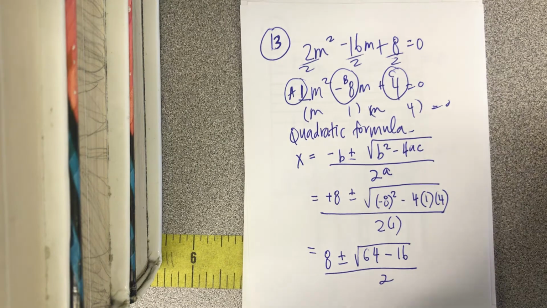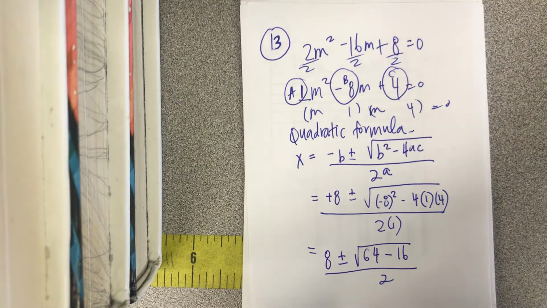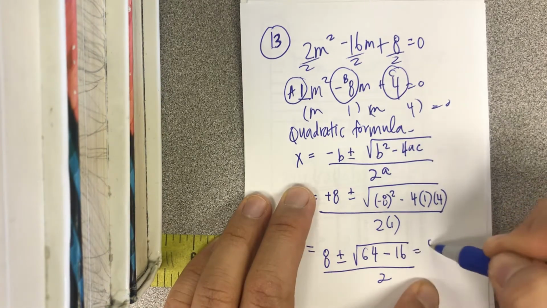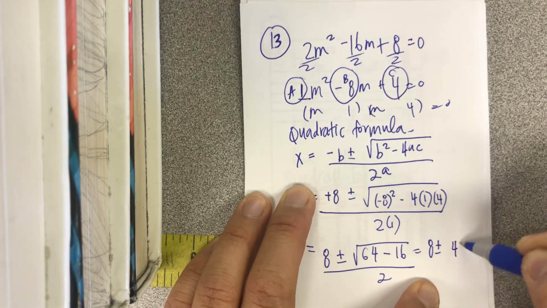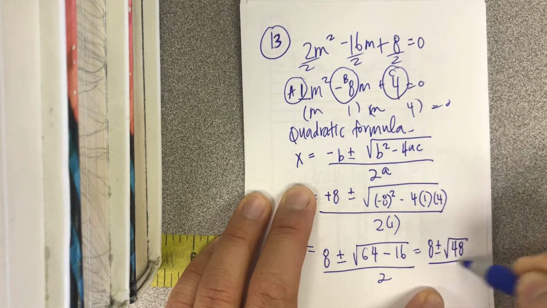Sorry, I'm not good at math, so I'm not doing this in my brain. 64 minus 16 is 48. So it's 8 plus or minus the square root of 48 over 2.